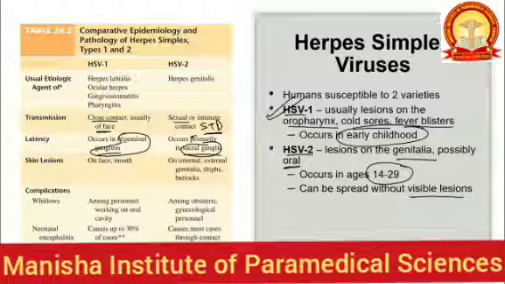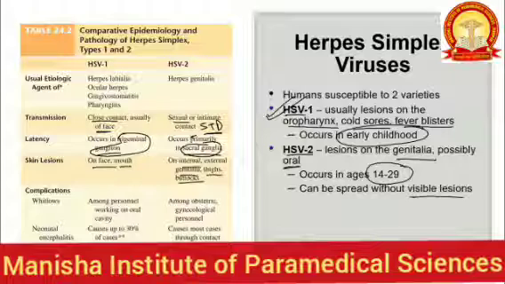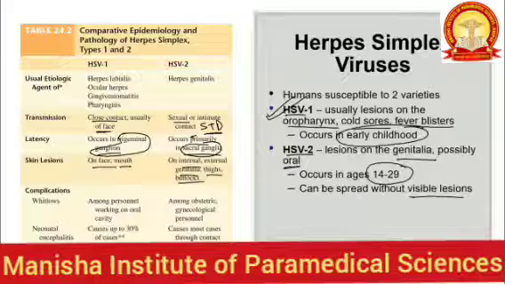Skin lesions of HSV1 generally form on the face and mouth, while HSV2 on internal and external genitalia, thighs and buttocks. Complications for HSV1 arise among personnel working on the oral cavity, and HSV2 among obstetric and gynecological personnel.